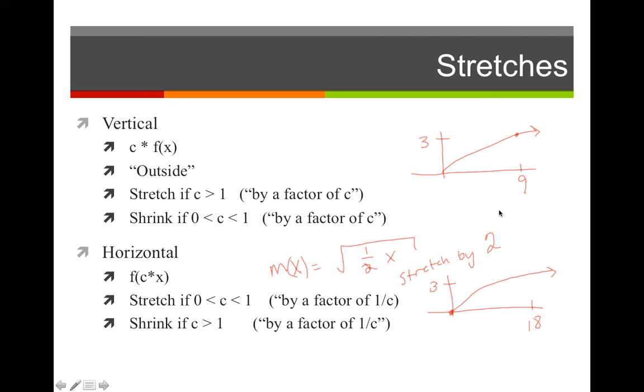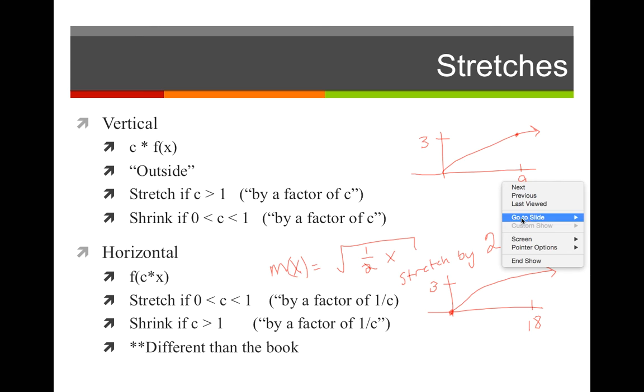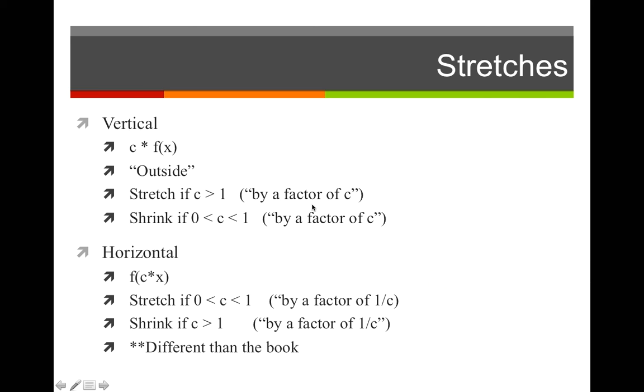And likewise, if c is bigger than 1, it's going to shrink by a factor of 1 over c. So I'll explain that momentarily here. If we were to do the normal function, I'm going to change my numbers here, but if I did the normal function and I said, let's go j of x, and we're going to call it the square root of 2x, 2 is bigger than 1, so therefore it's actually a shrink by 1/2 because it's cutting all of my x values in half.